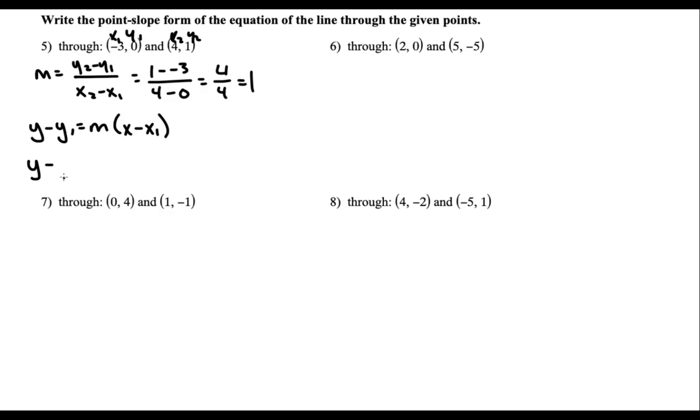Okay, y minus 0 equals, my slope m is 1, times x minus -3. So put all that together, y minus 0 is just y. 1 times anything is just the same. And this is going to be x minus -3 becomes x plus 3.